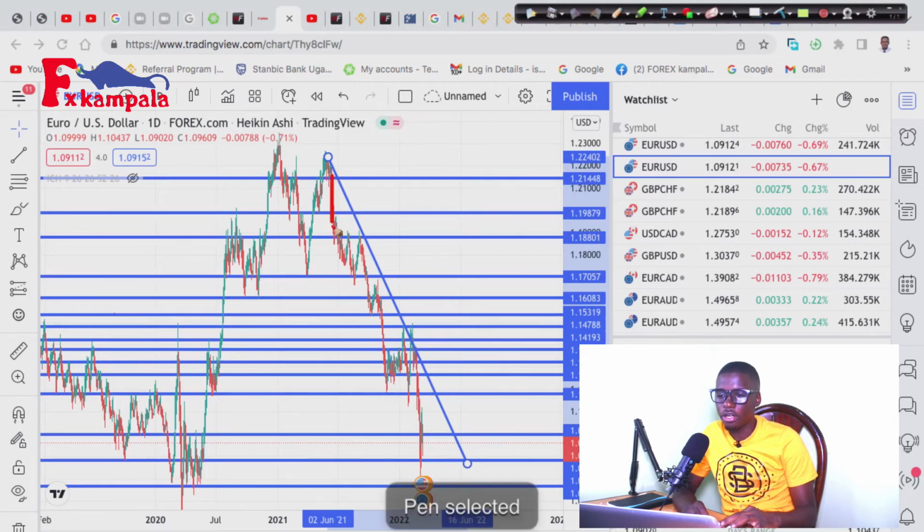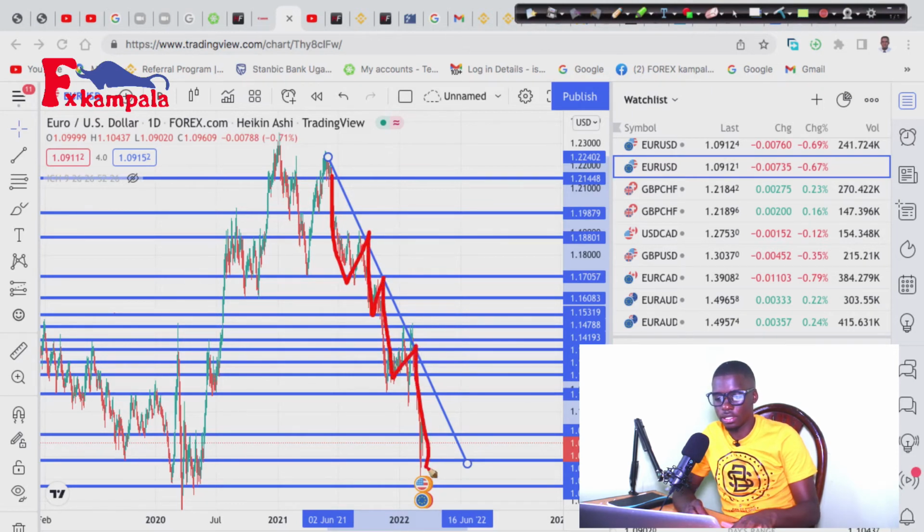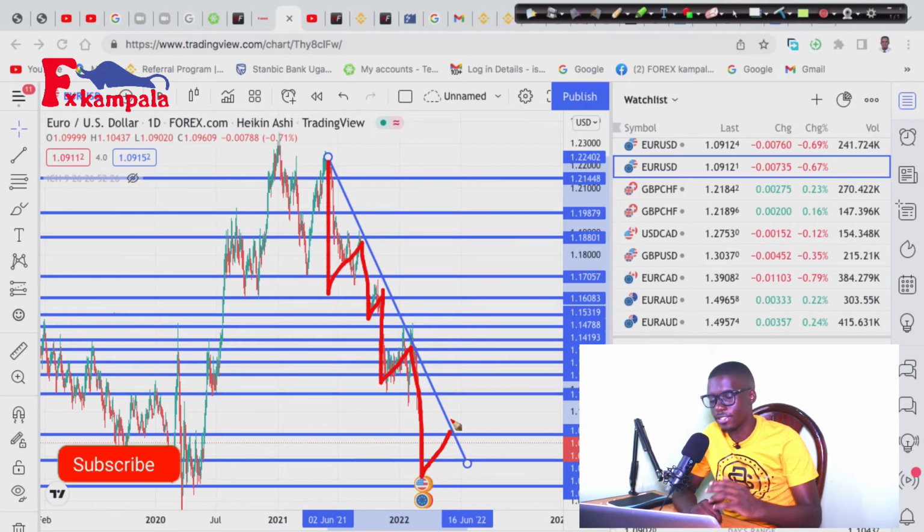Here the trend is downwards, so again we expect it to continue trending downwards, and we still expect it to be a buy. We expect it to come back to where there is our resistance this time round. So here it's a buy, and on the other side it's a sell.